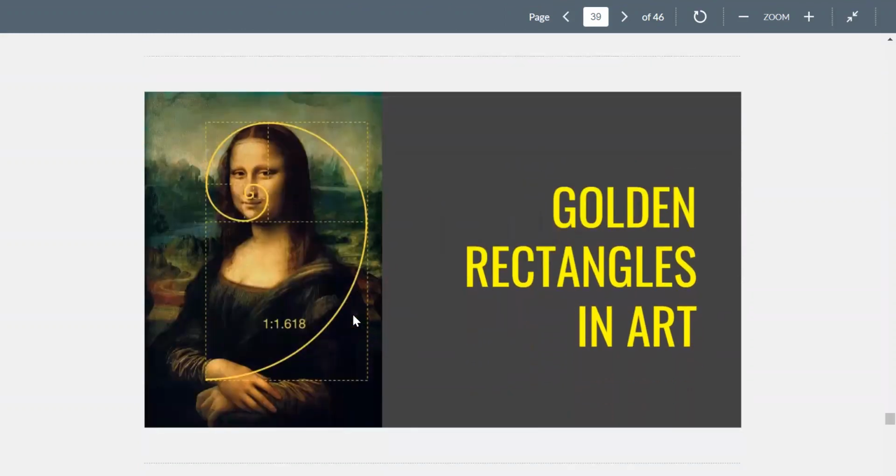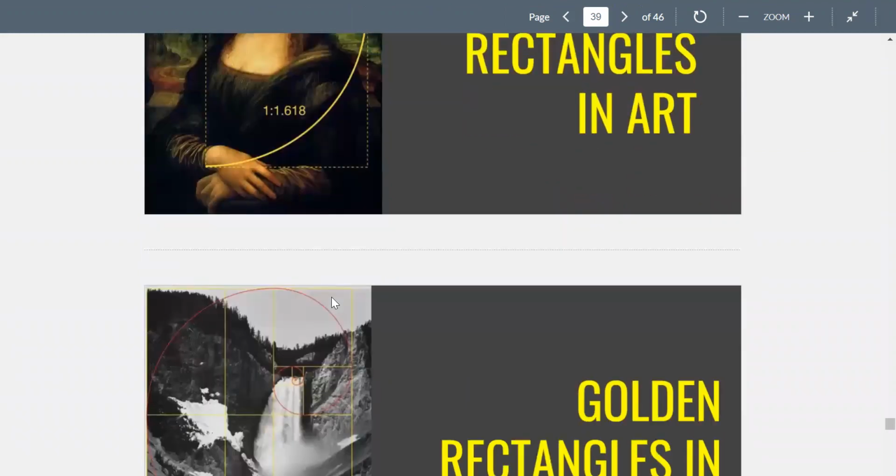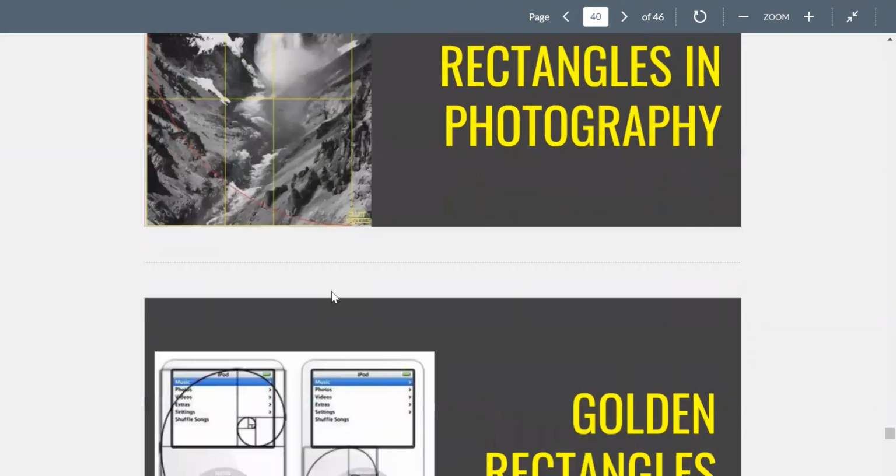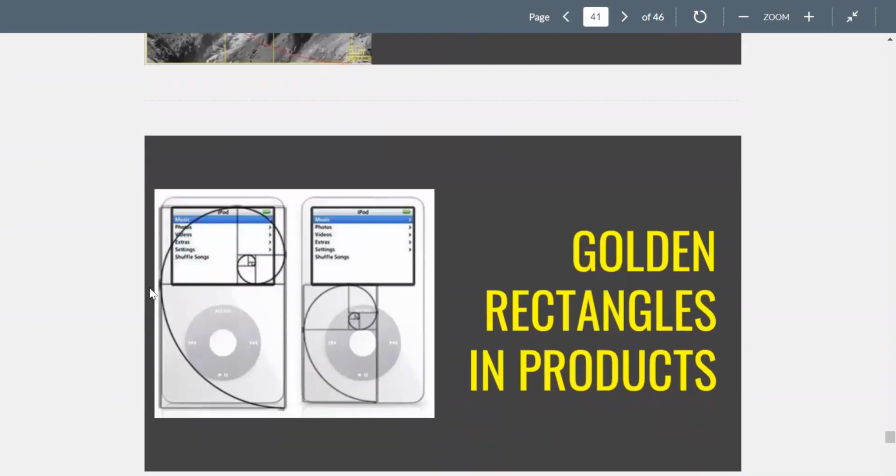We can also find the same principles in Leonardo da Vinci's Mona Lisa painting. Some of the examples. The iPod also has the same golden ratio principles applied to it.